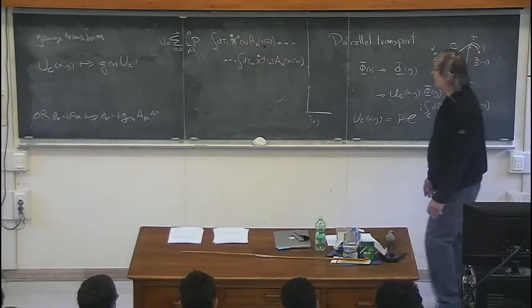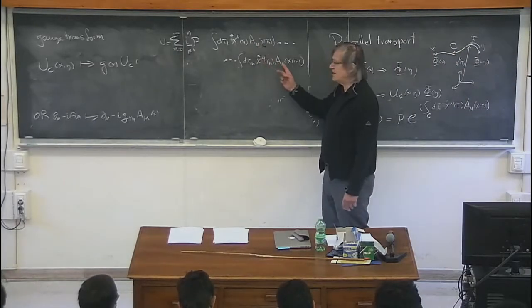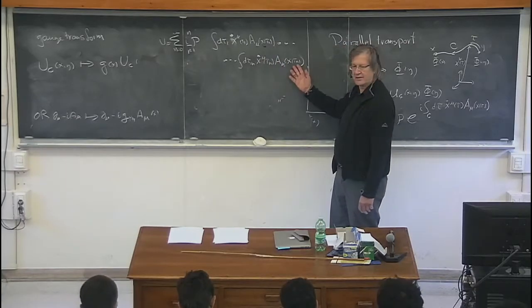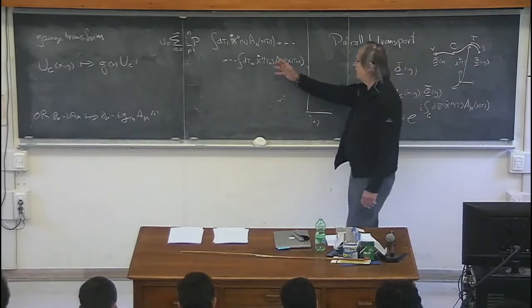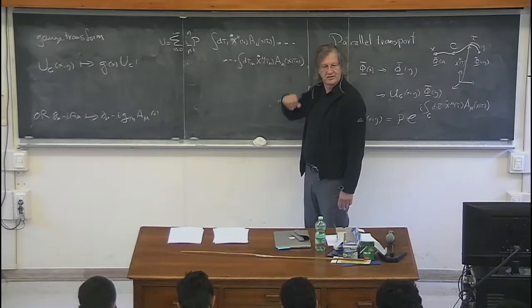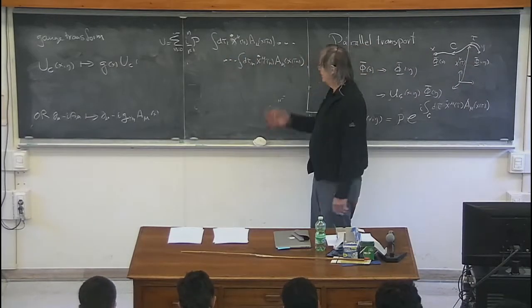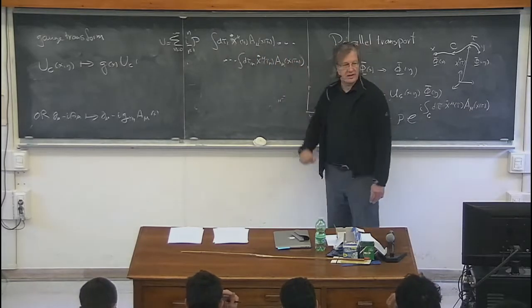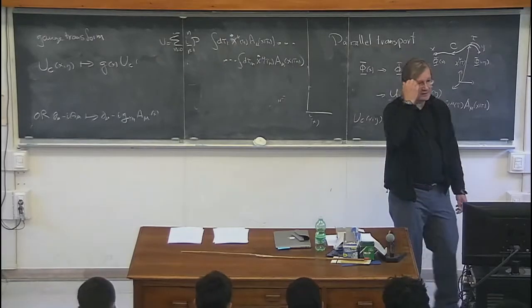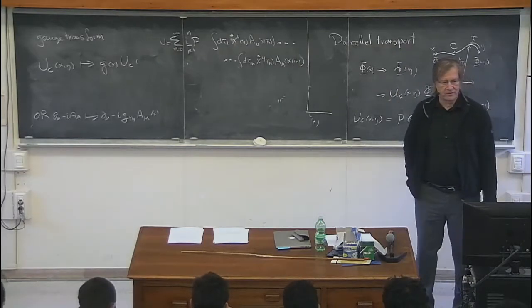And what the path ordering does is orders this product of A's so that the earliest ones on the path, the ones closest to the beginning point of the path, come to the right of those that are closer to the end point of the path. So this is an increasing occurrence of the argument tau on the path itself. So that's what the path ordering means.